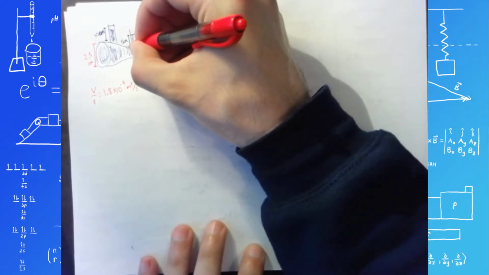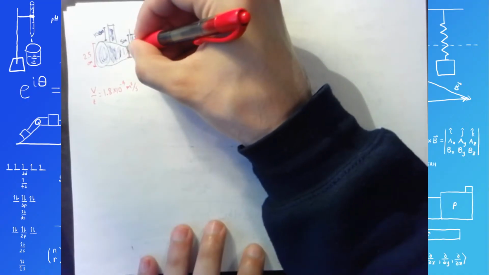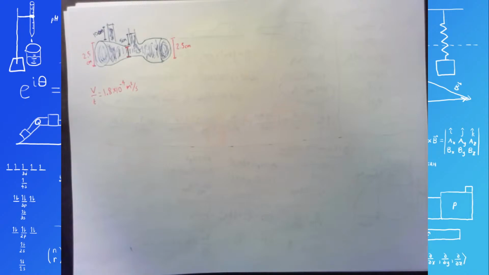Determine what this inner diameter needs to be. So here we need to use the Bernoulli equation and the continuity equation all together, it looks like.